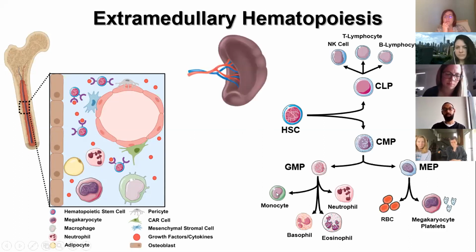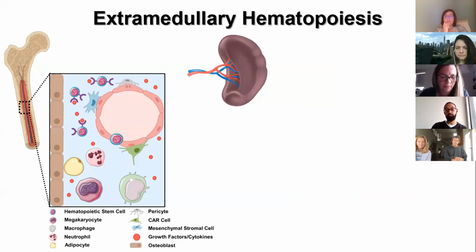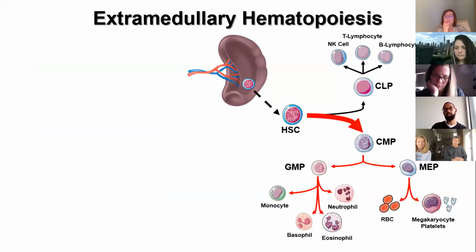But during disease, hematopoiesis can actually occur outside of the bone marrow, and this is termed extramedullary hematopoiesis. For instance, during atherosclerosis, hematopoiesis can be shifted from the bone marrow to the spleen, where there's premature egress of the HSCs out of the bone marrow, and they seed in the spleen, where hematopoiesis occurs. What's interesting about extramedullary hematopoiesis is that HSC differentiation is more skewed towards the myeloid population and away from the lymphoid population.